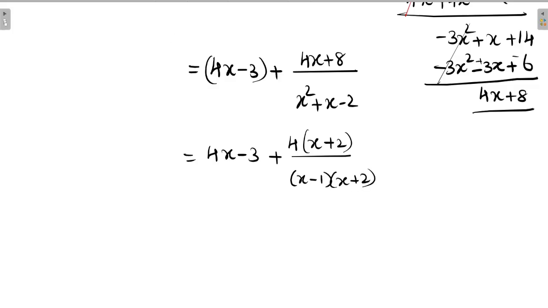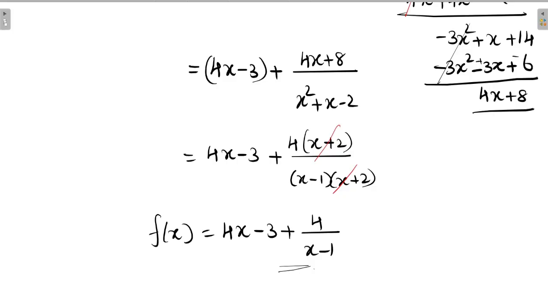This x plus 2 will be cancelled. So the final f of x is equal to 4x minus 3 plus 4 by x minus 1. This is the given expression.